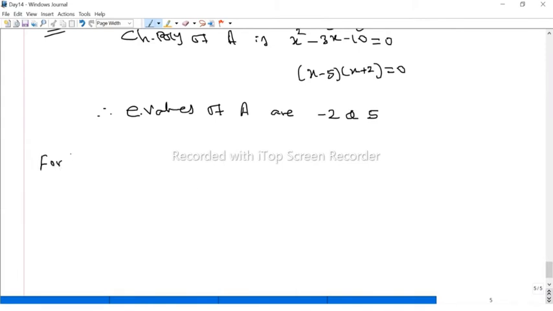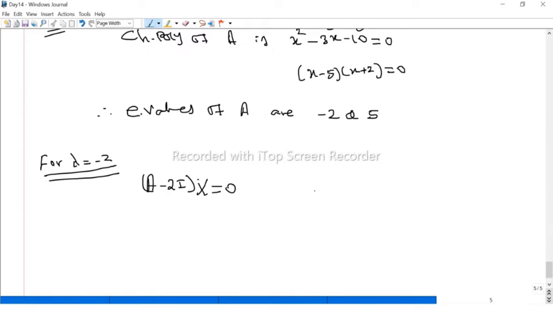For lambda equal to minus 2, the eigenvector is the solution of (A minus lambda I) times X equal to 0. Since A is a 2 by 2 matrix, X is the vector (x, y). Here we take capital X. A non-zero solution of this equation is called an eigenvector.